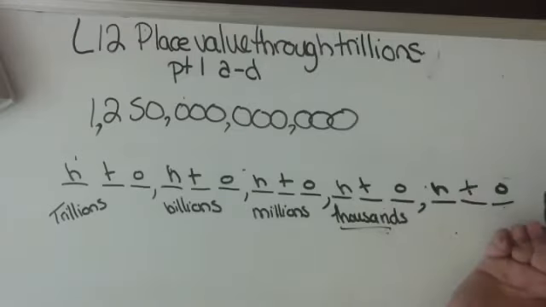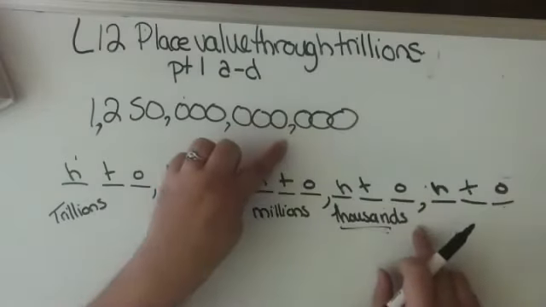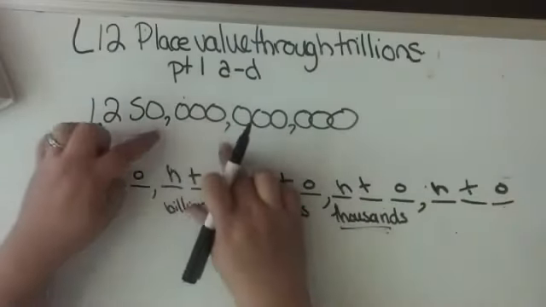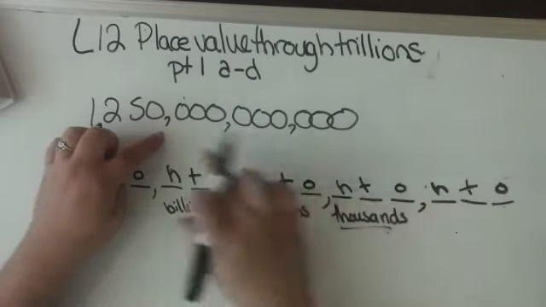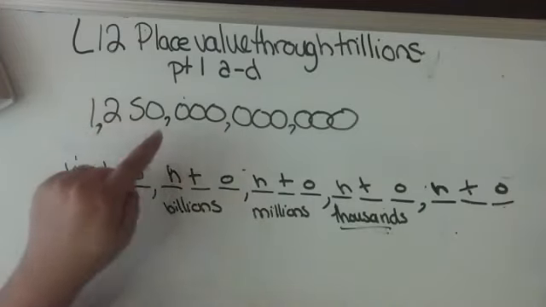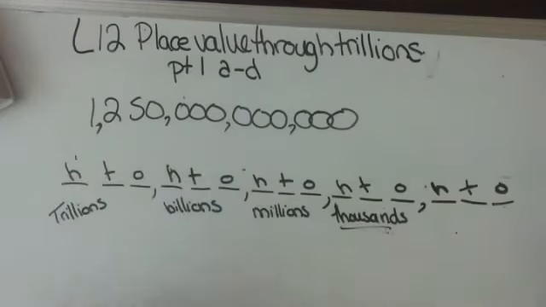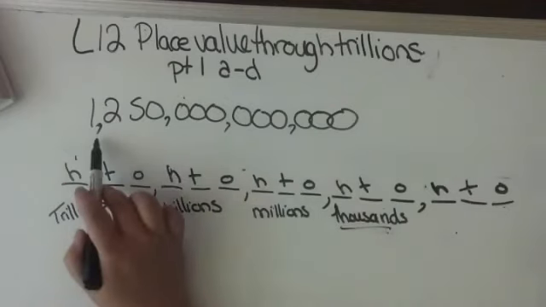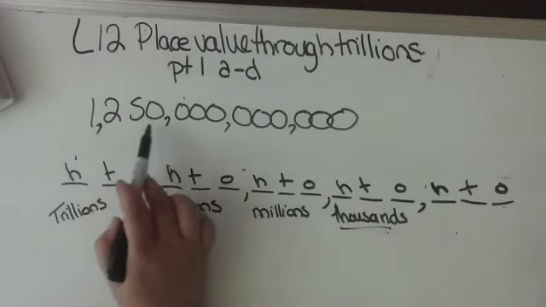Now I can tell where I am. Remember, first comma thousand, second comma millions, third comma billions, last comma trillions. So I have 1,250,000,000,000, and then all zeros, so I don't have to say anything else. So again, this is 1,250,000,000,000.